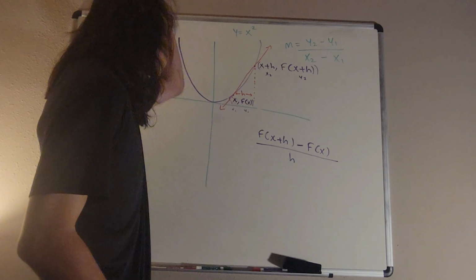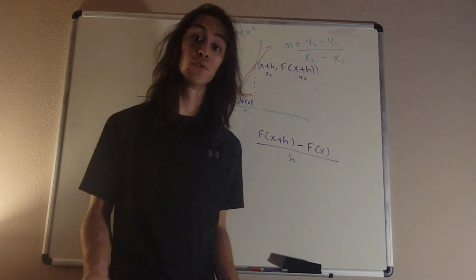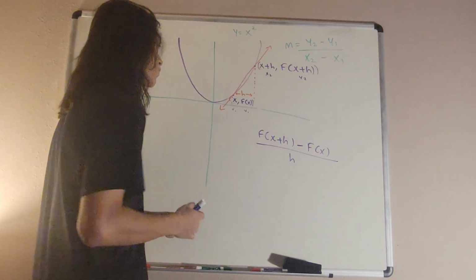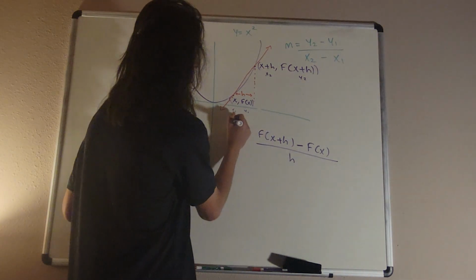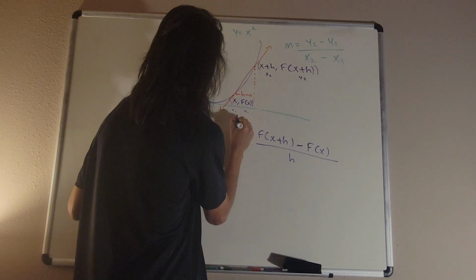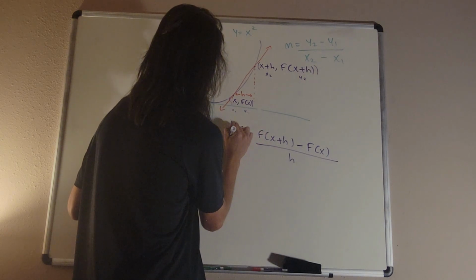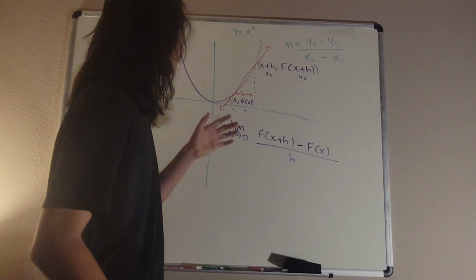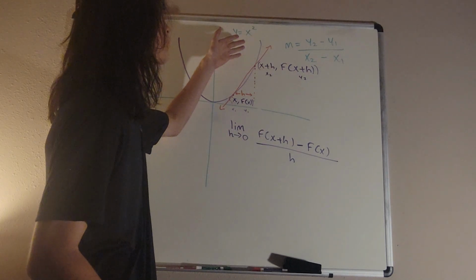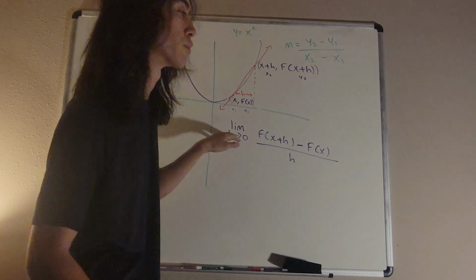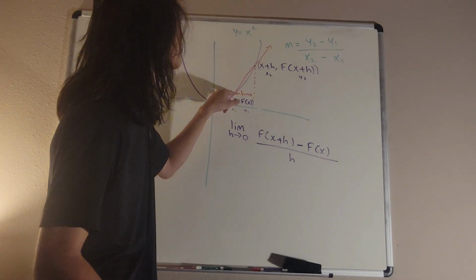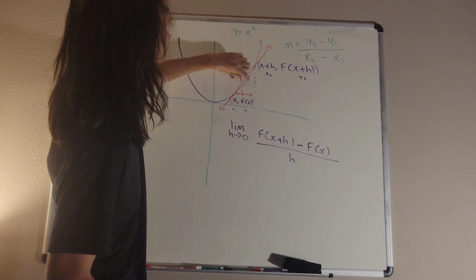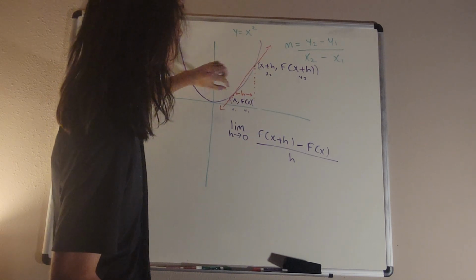So there's one last thing we need to do, and I assume you're familiar with limits if you're trying to research derivatives. So you're going to take the limit as h approaches 0. And if you look at our little visual here, this is describing the process of shrinking this distance between these 2 points, of bringing this guy all the way down to overlap on top of that guy.